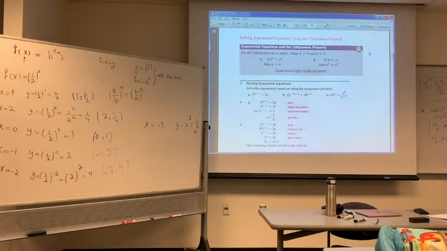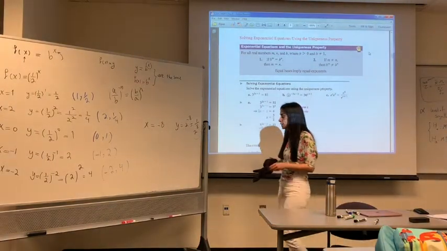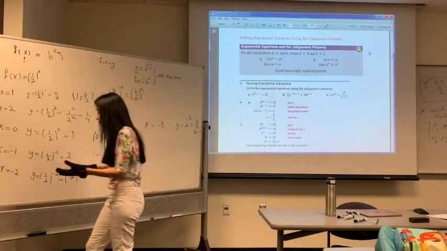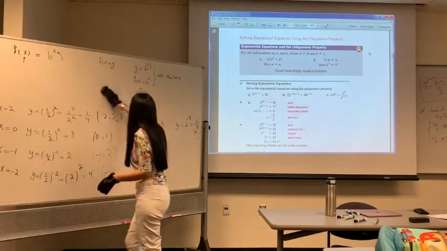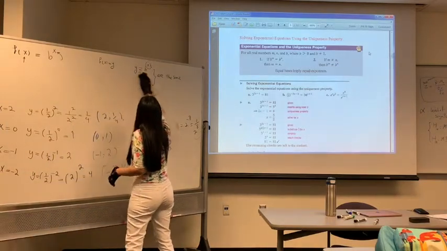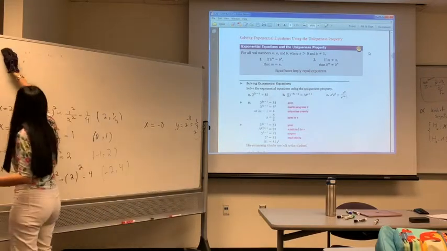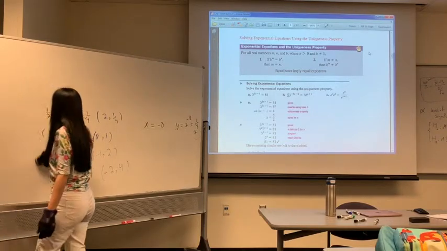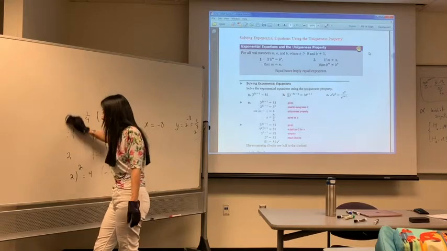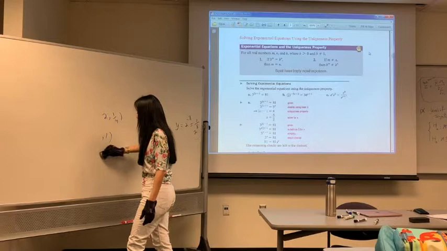Okay, so now we want to solve exponential functions using different rules. One of these rules says, if we have an equality where on the right side and left side we have exponential functions, both with the same base, and only the power is different, what happens?